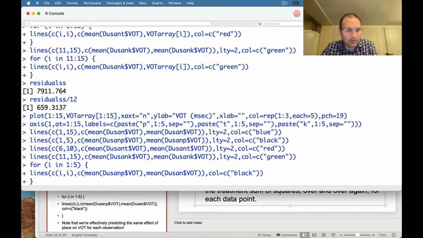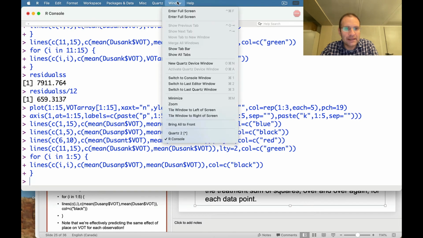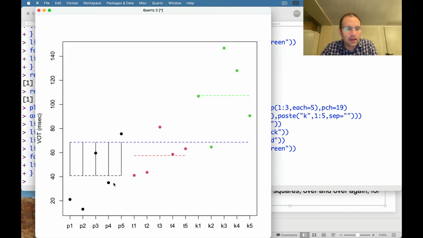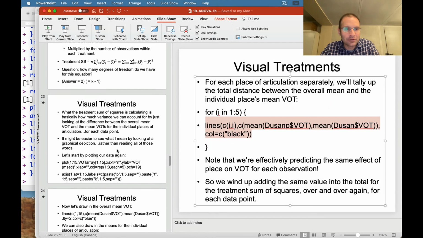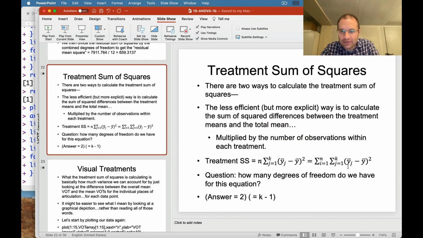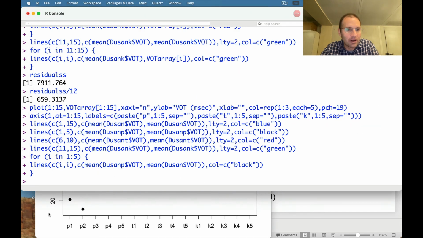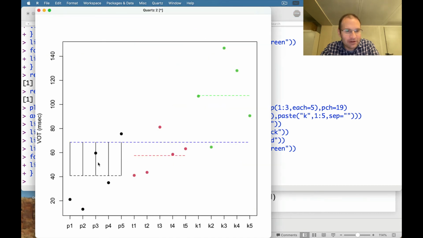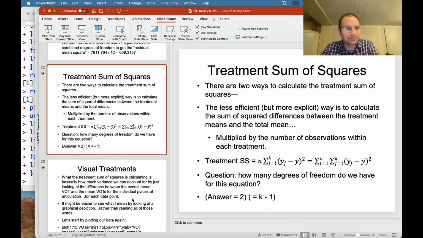So we'll do it first for the P data. And like I said, for each of the 5 observations of P, I'm calculating the deviation, or the distance, the length between the overall mean and the individual place mean. That is what I'm doing in an equation like this: y bar sub j minus y bar overall. I'm getting this measure and I'm doing it 5 times.